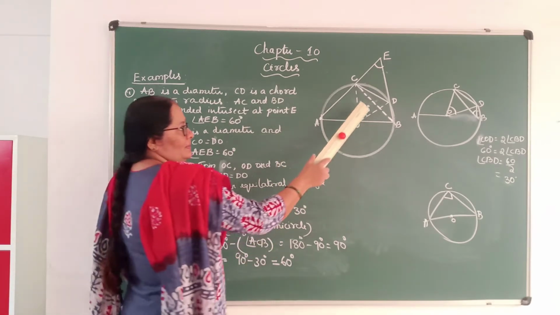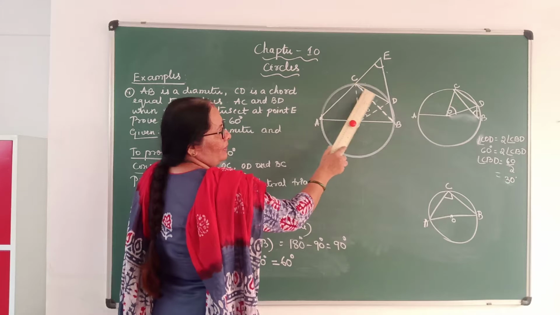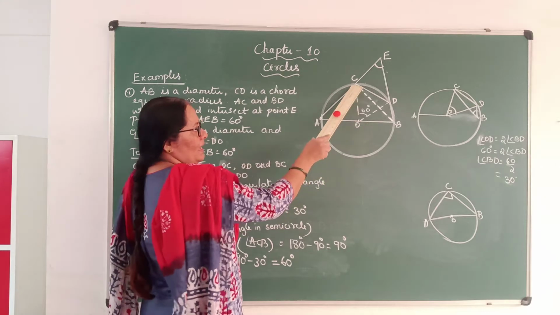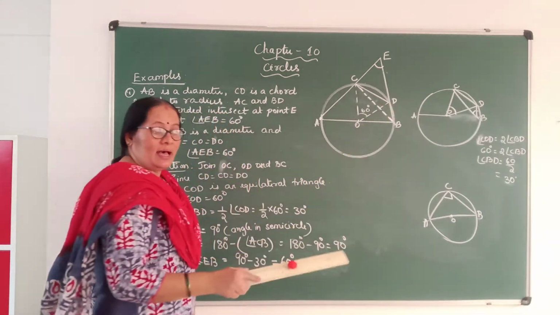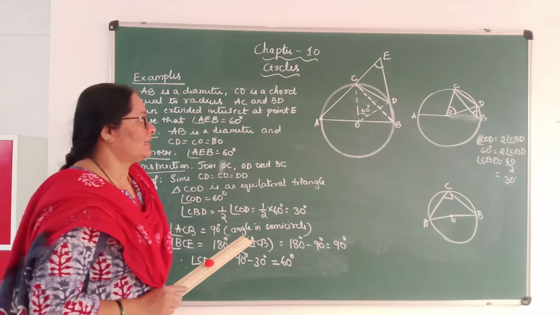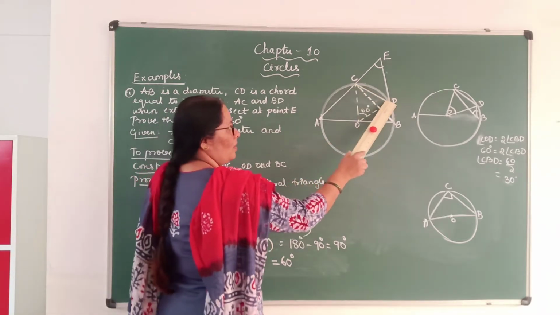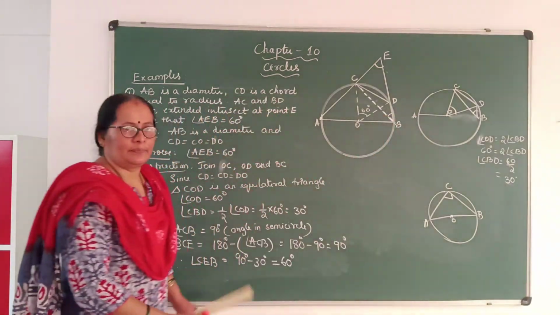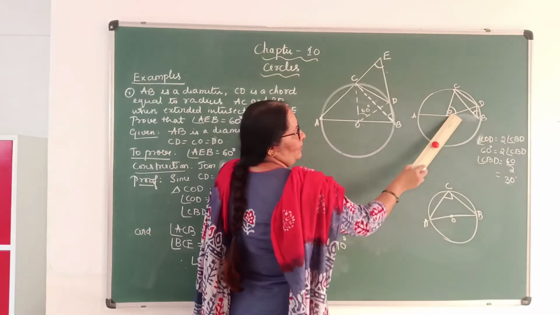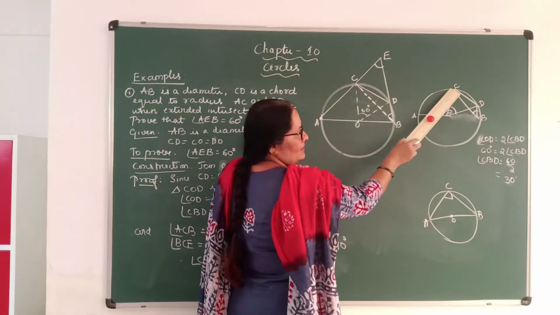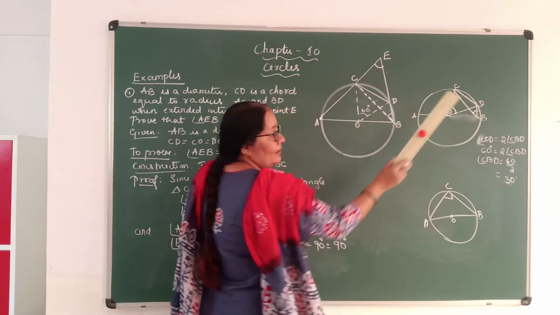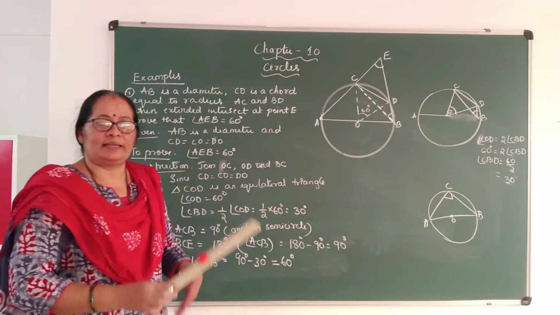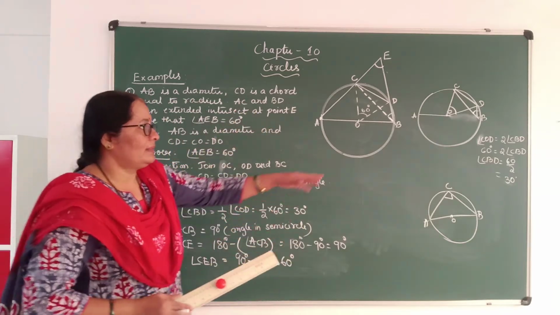Now see here, for this chord CD, the angle subtended at the center is angle COD. Then what is the angle at the remaining part of the circle? The angle for this chord at the remaining part of the circle is CBD. COD is the angle subtended at the center and CBD is the angle subtended at the remaining part of the circle. The angle subtended at the center is twice the angle at the circumference.